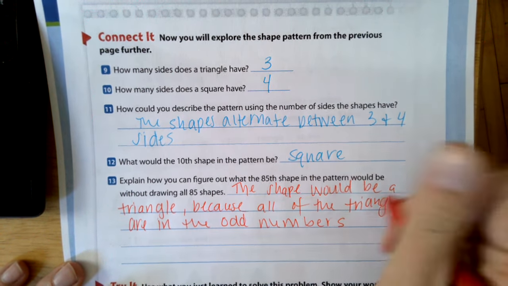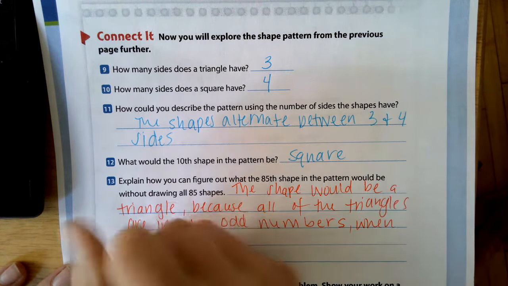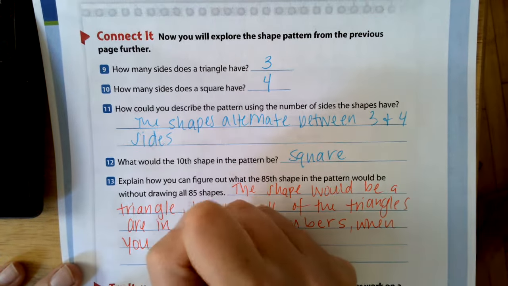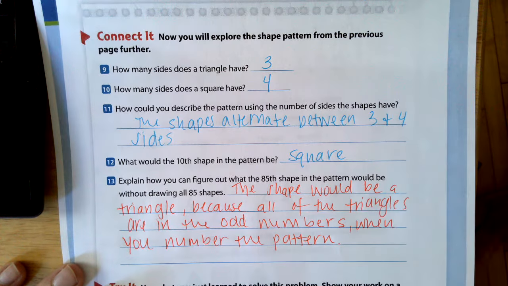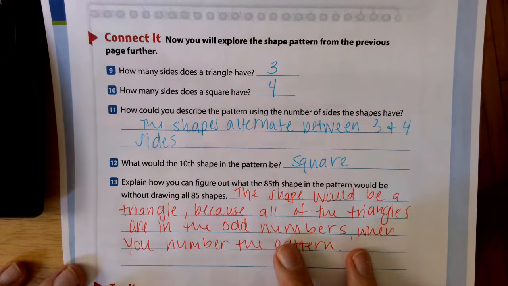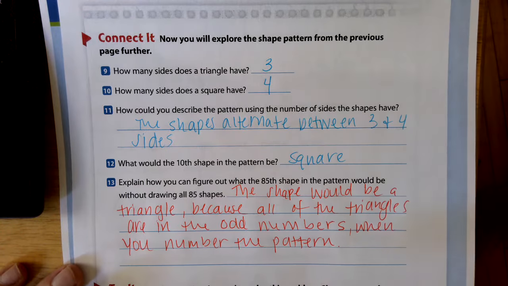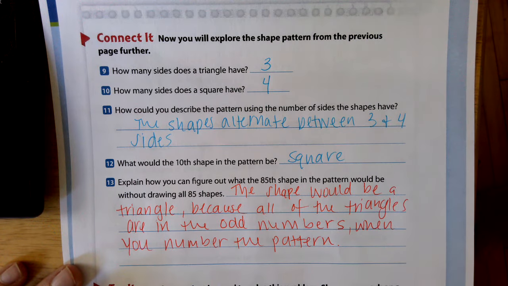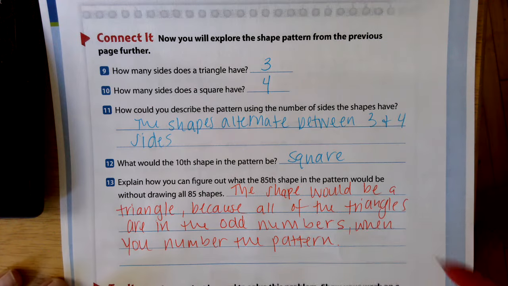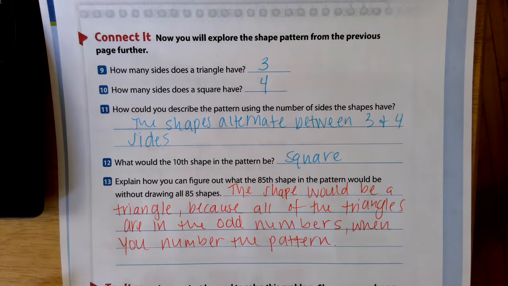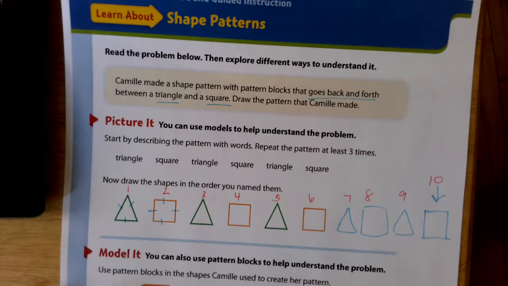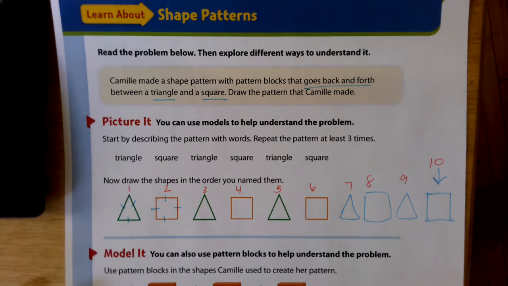So they're in the odd numbers when you number the pattern. So there are all sorts of ways you can look at different patterns, shapes, and numbers to figure out what the pattern is, okay, and what it could be. So what you're going to do is you're going to use what we just learned, and you're going to describe rules you see in a specific shape pattern. All right, so that's what you're going to do with that. So that is how you can identify patterns within shapes.